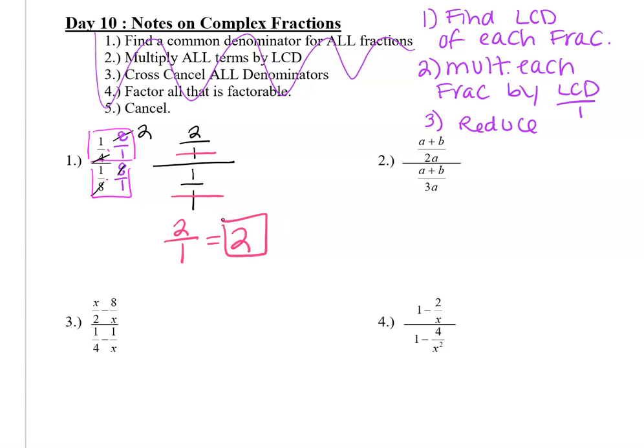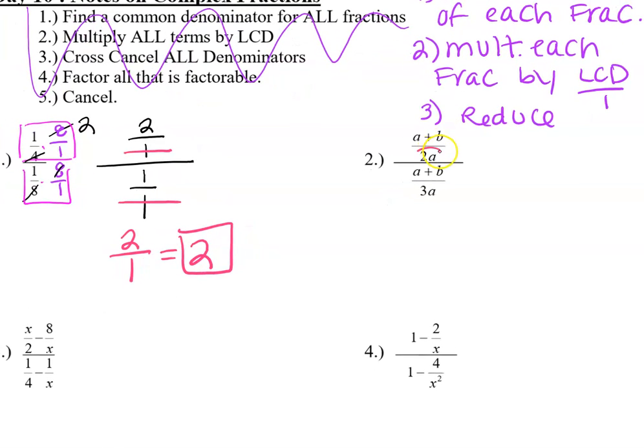So here's how this works then when I throw in some variables. I look at the 2a and the 3a. The LCD that I would pick between those would be 6a. So I'm going to multiply each of these by 6a over 1. And now think of these problems as 2 separate multiplications.